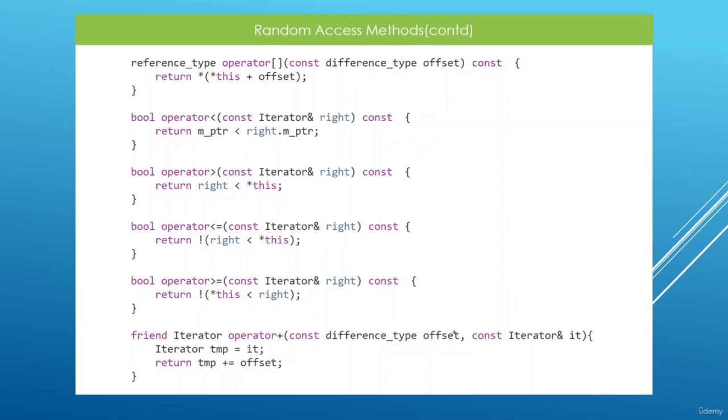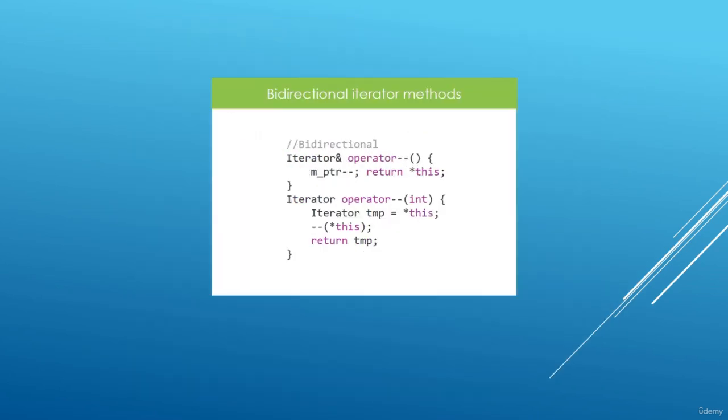We also need these operators you see here. We need a square bracket operator, we need a less than operator, a greater than operator, a less than or equal operator, a greater than or equal operator, and we also need an equals equals operator and a not equals operator, but we already had those before. If we take these operators and add them to what we had before, we had minus minus to allow us to do bidirectional iterator stuff.